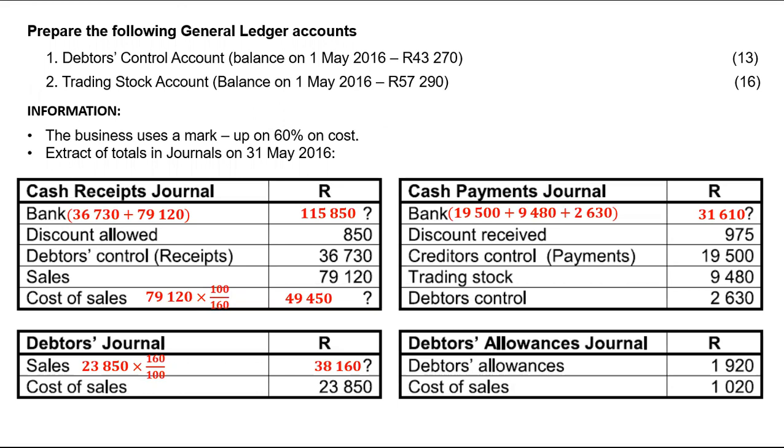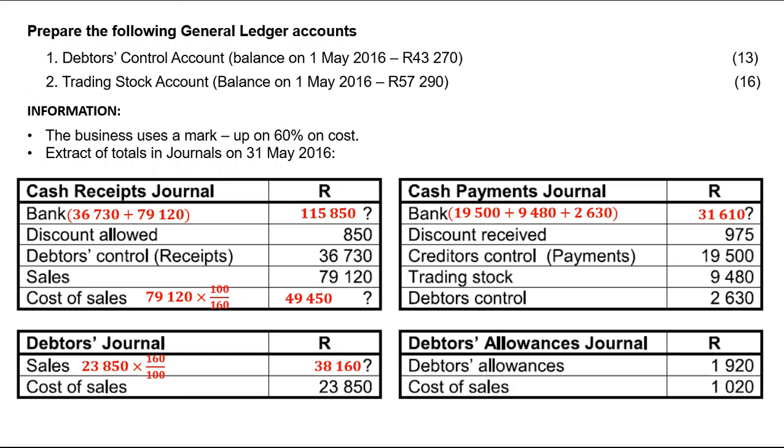But for now, you will learn this when we do year-end adjustment as to what we do with debtors allowances. For now, all you know is that whenever a debtor returns goods, we debit debtors allowances, which is similar to your expense, but in this case, please note that it's a reduction of sales, and it will be closed off against your sales account at the end of the financial year.